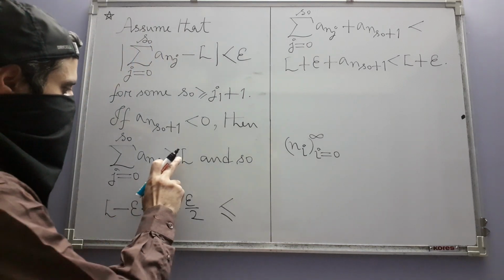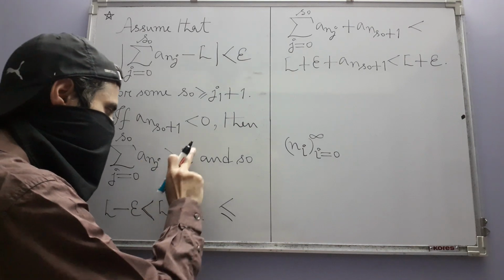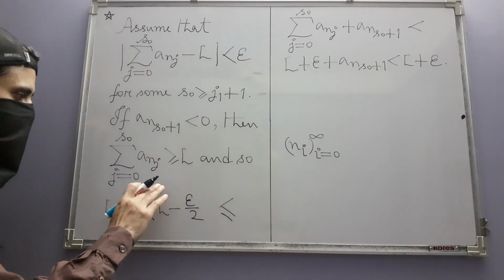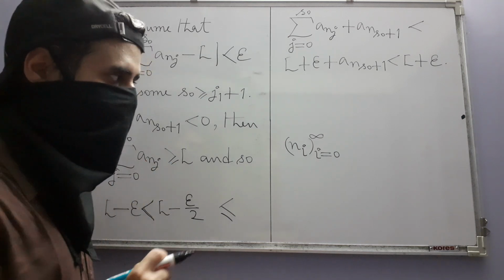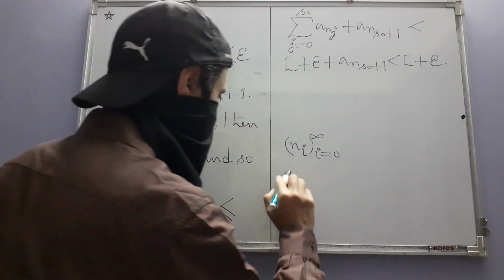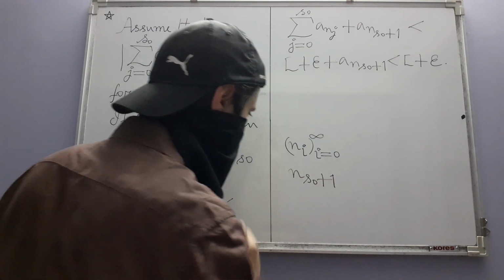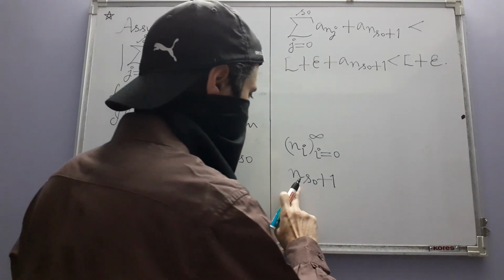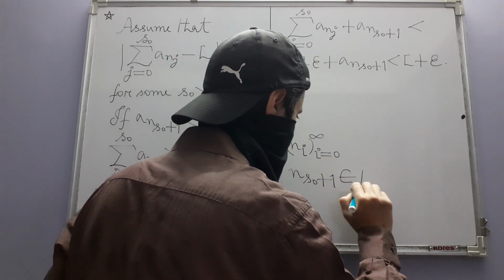Now, if it were the case that this sum is less than L, then that fell under case 1, and so the next term in that sequence would have to be chosen from A plus.